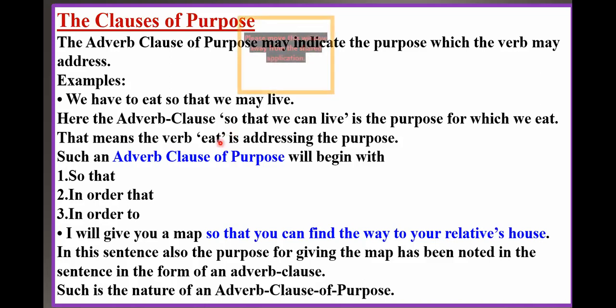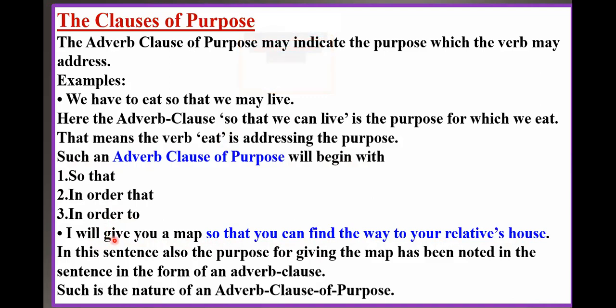Such an adverb clause of purpose will begin with so that, in order to. These are the common words that we use for the clause of purpose. I will give you a map so that you can find the way to your relative's house. Now, why will I give you a map? Give is the verb here, so it is explaining the verb because it's an adverb clause.